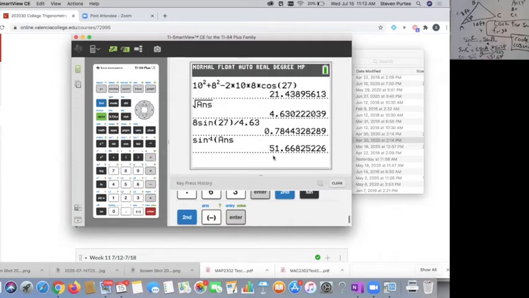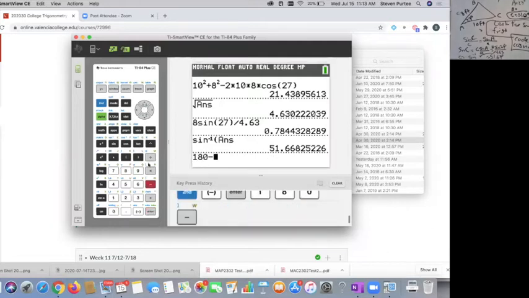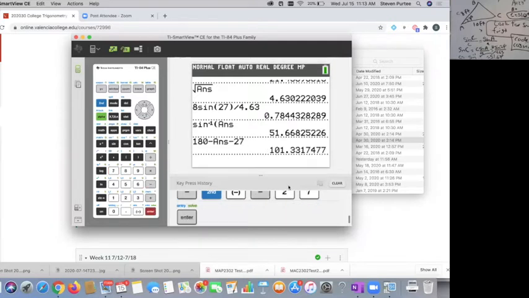Don't forget your degree symbol. And then the last one will be 180 minus that. I'll switch back in a second. So I want 180 minus that answer and minus 27, which was, who was that, A? 101.33.